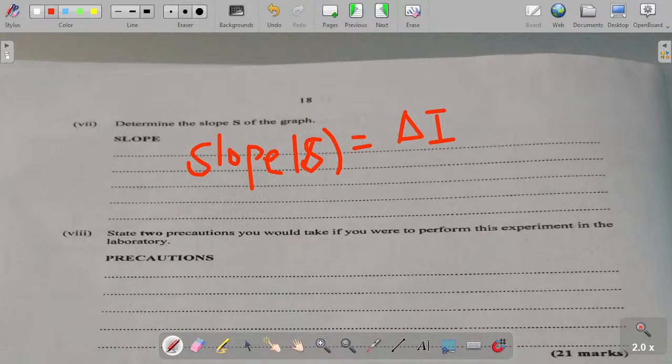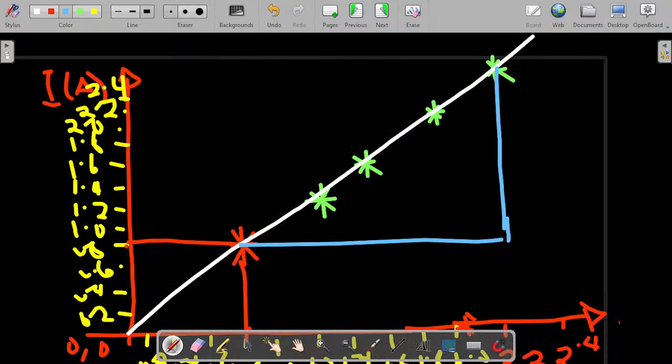So you now come to your graph to take your slope along any point here. I can take it here and here, perfect horizontal and perfect vertical. So here I will now write change in I, then here I will write change in P. You can trace the points down if you want.